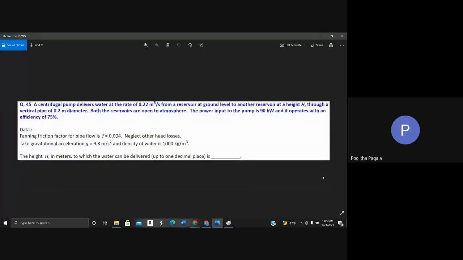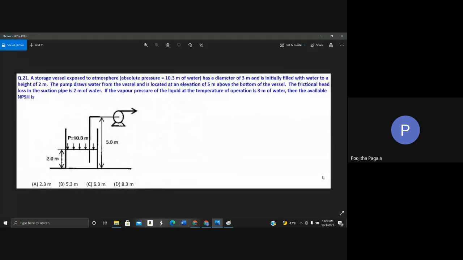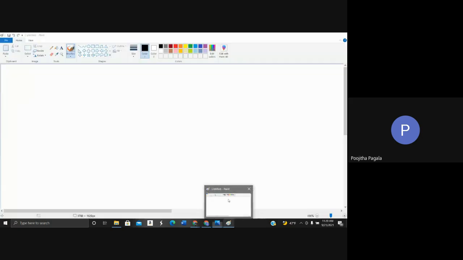Let us look at an important concept called net positive suction head using this problem. So, what is net positive suction head?